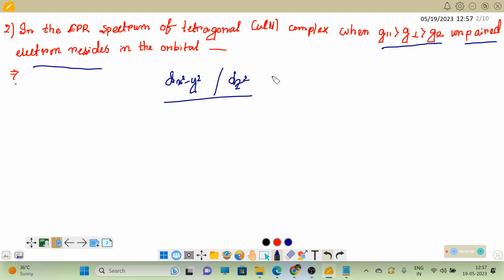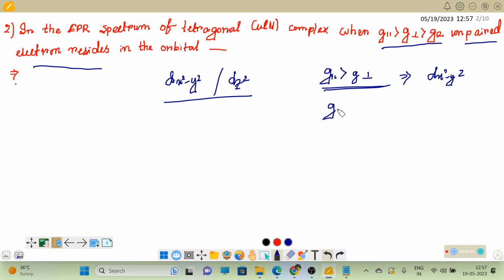Here you have to remember this thing: if G parallel is greater than G perpendicular, then the unpaired electron will reside in dx square minus y square, because it will be in the higher state.